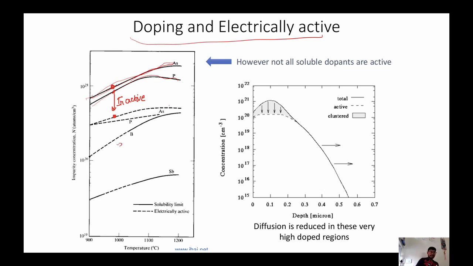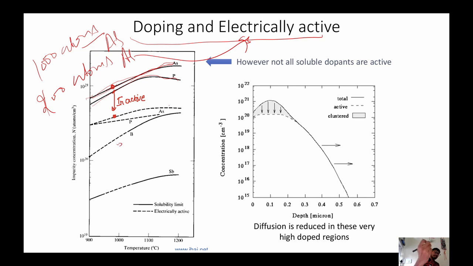How much is electrically active is around an order less than the doping you have done. If you dope with 1000 atoms of arsenic, only around 100 or 200 atoms of arsenic will contribute to the electrical conductivity.